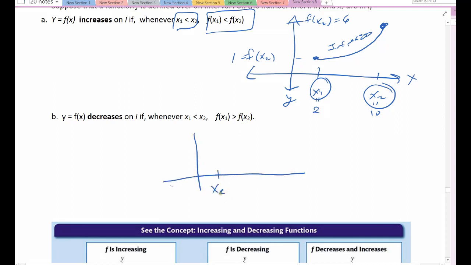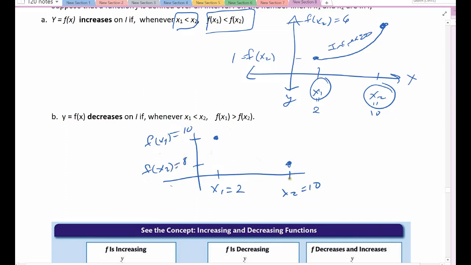So suppose this is my x1, which is, say, 2. This is my x2, which is still 10. But this time when I plug 2 in, I get out the bigger number. Suppose it's 10. And then when I plug 10 in, I get out a smaller number.